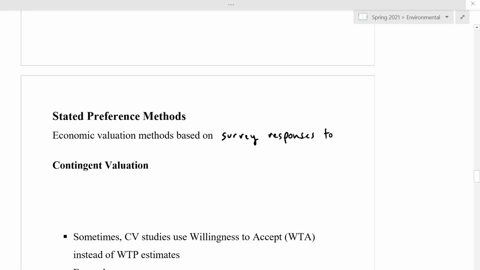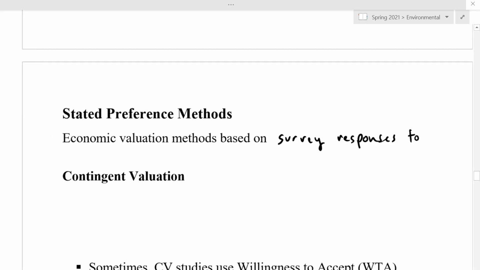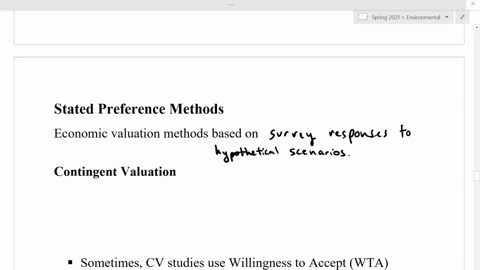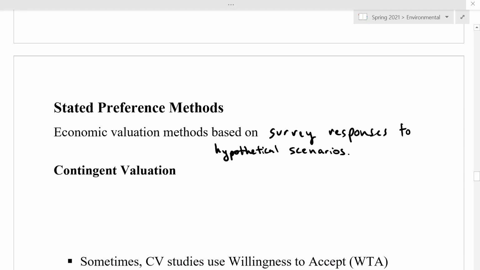And the most common stated preference method is what's called contingent valuation.